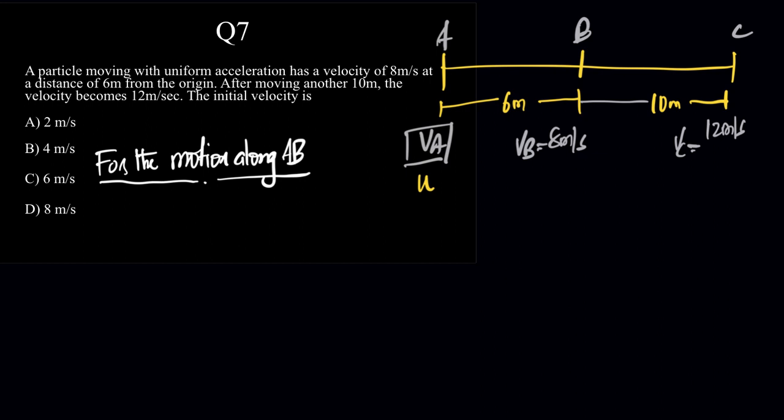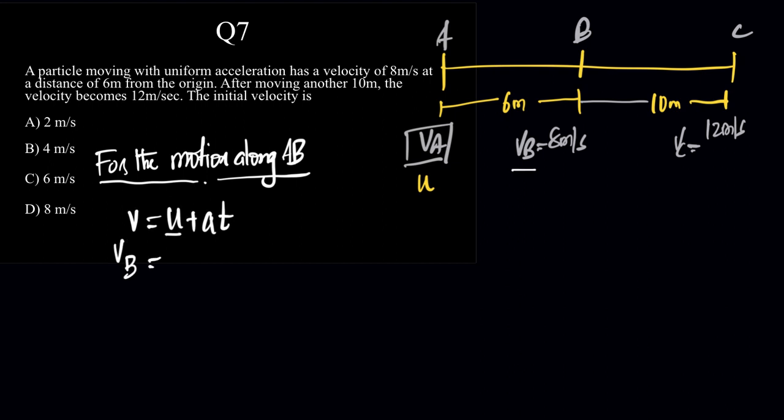Sorry, we can say that V square is okay. See, students often ask me this question: how do we realize which equation has to be applied in which question? So for that doubt to be clarified, let me just solve this question using this equation: V is equal to U plus at. See, if V is equal to U plus at is applied for the motion along AB, what is V? V is the final velocity, which is basically VB.